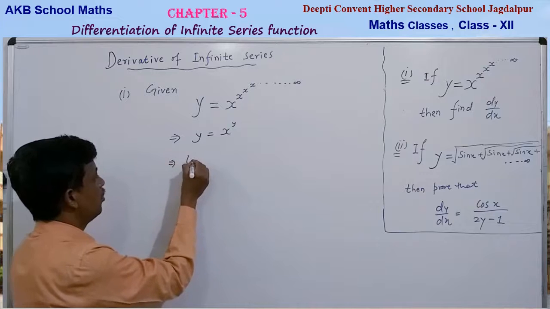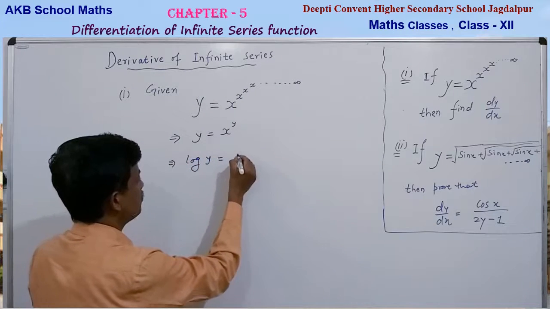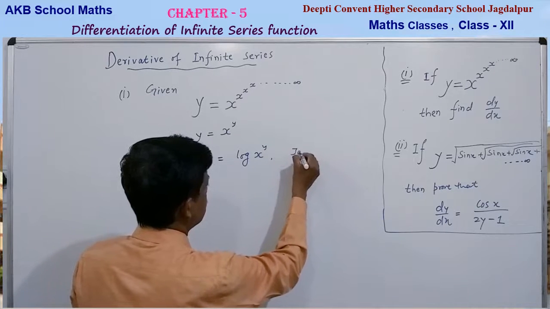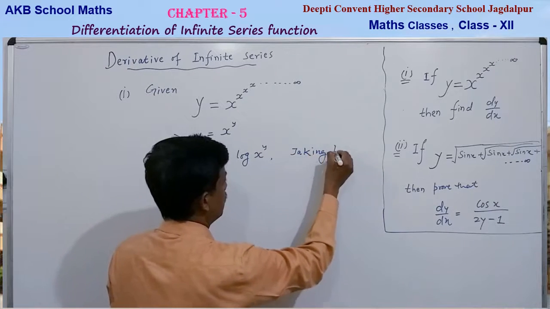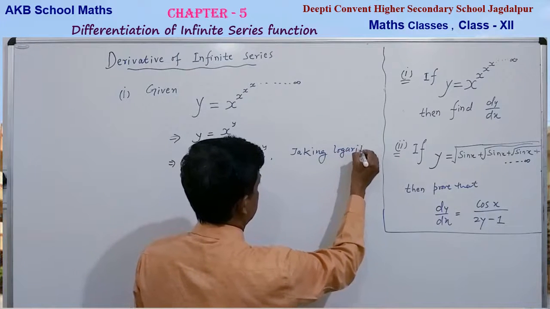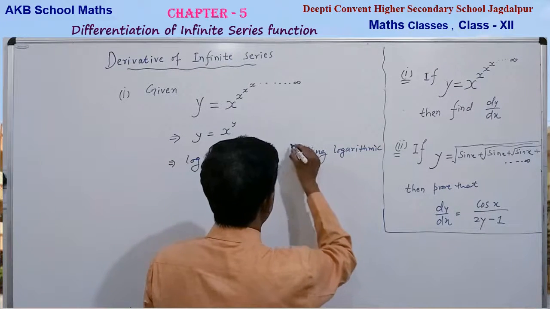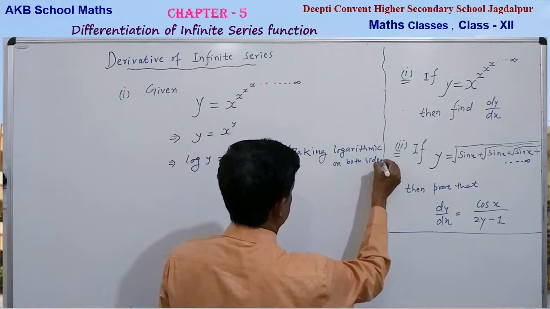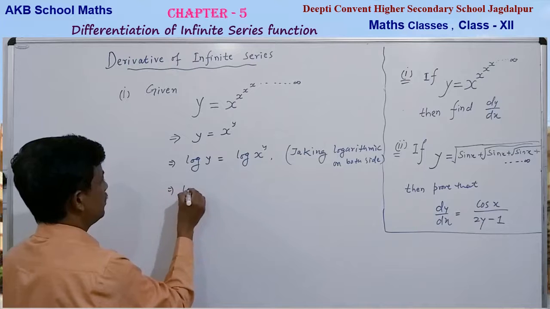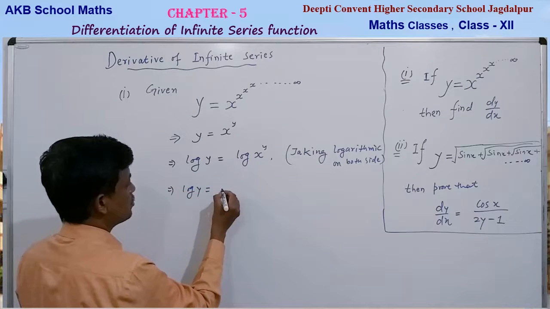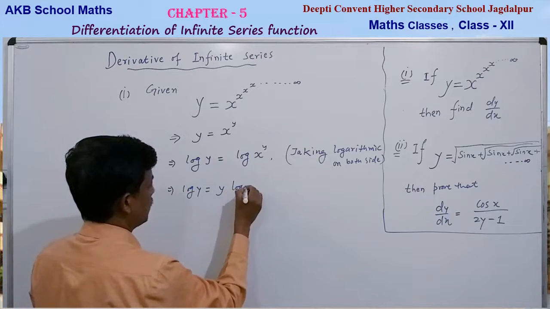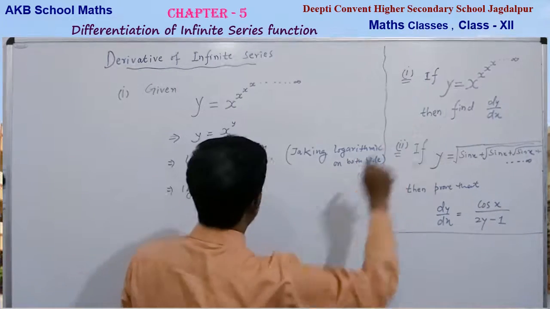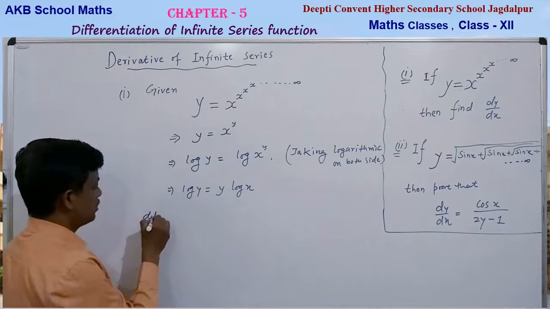So log of y equals log of x to the power y, taking logarithm on both sides. So we get log y equals y log x by using the property of logarithms. Now our target is finding dy by dx, so differentiate with respect to x.